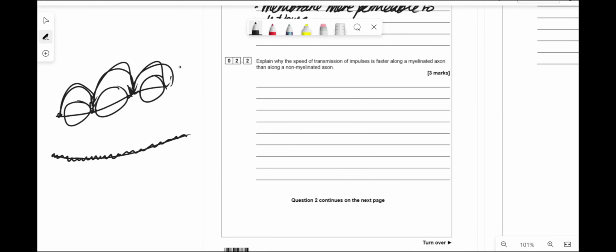And there's a lot of disorders called demyelinating disorders, where the myelin actually gets destroyed and the impulse has to travel through the whole thing, or you get scar tissue, so they get impeded like that as well. So in this question here, all you need to do is talk about that.